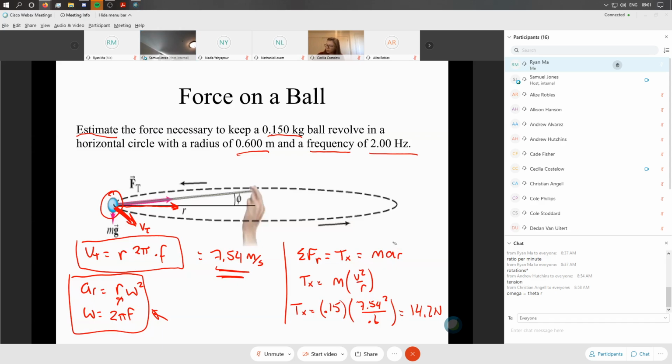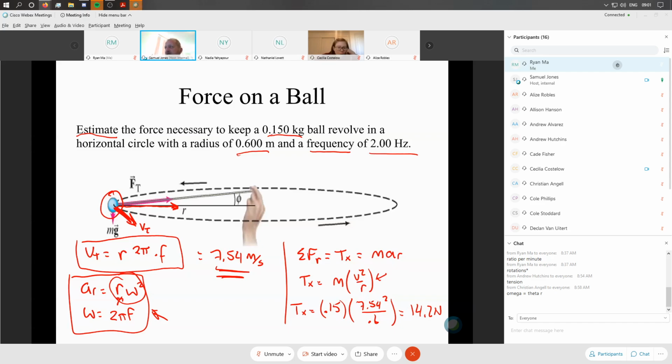Okay? Now, I could have done the same thing, and I think this is what a lot of you were trying to do. Instead of using V squared over R here, I could have used R omega squared, and then instead of calculating V, I would have calculated omega.